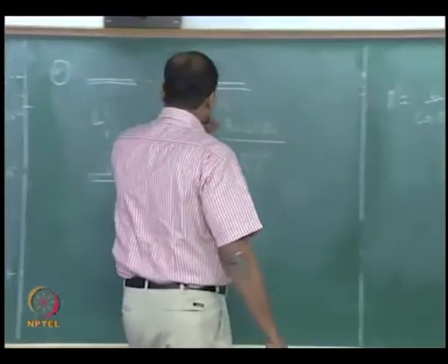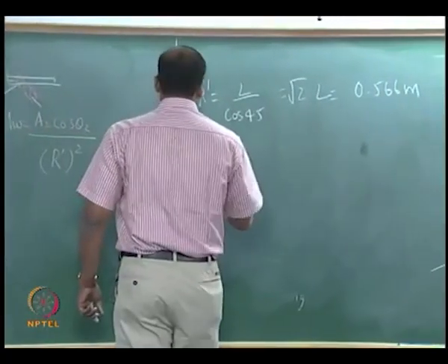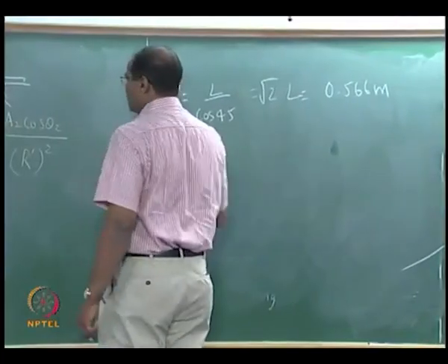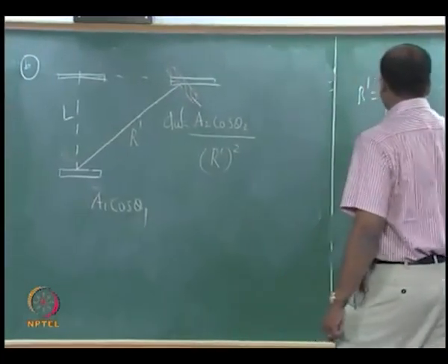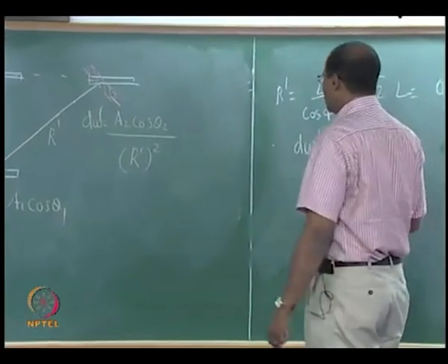Okay. Now d omega, or you want to say d omega dash, A2.